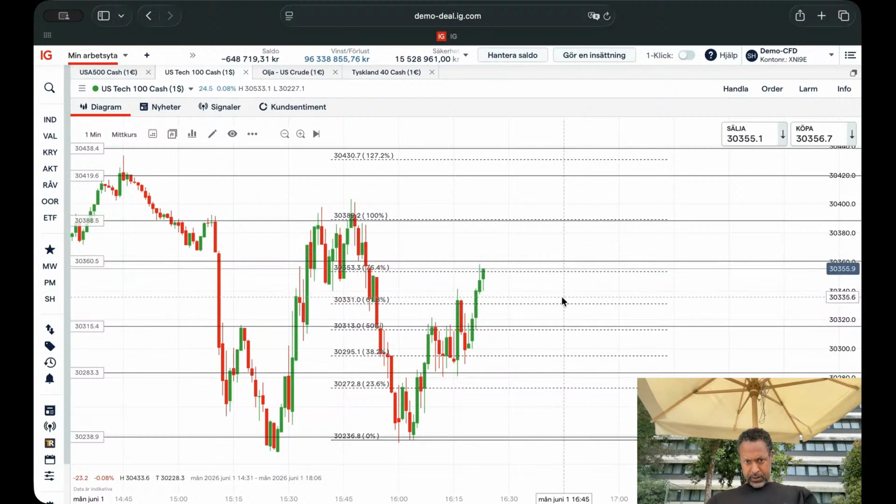So we might touch the resistance line here, or might break it even. If we break it, which is what I would hope for us to do.